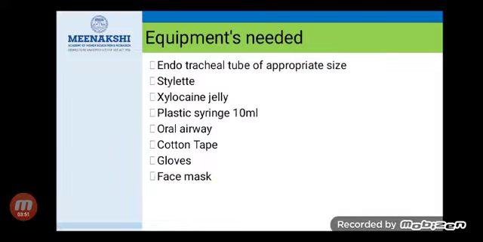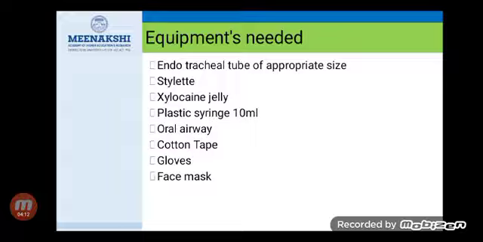So next we'll move on to the equipment needed for endotracheal intubation. Endotracheal tube of appropriate size. Different sizes are available based on the patients, so we have to select the size of the tube.